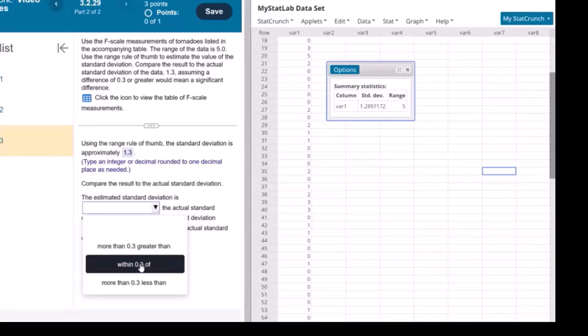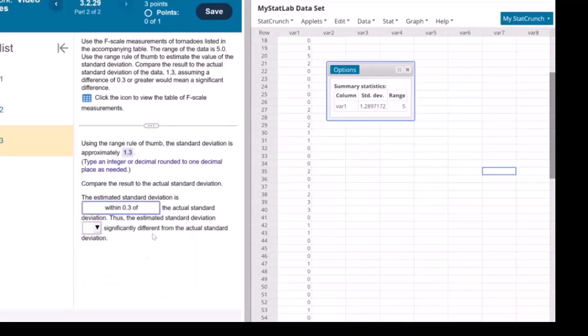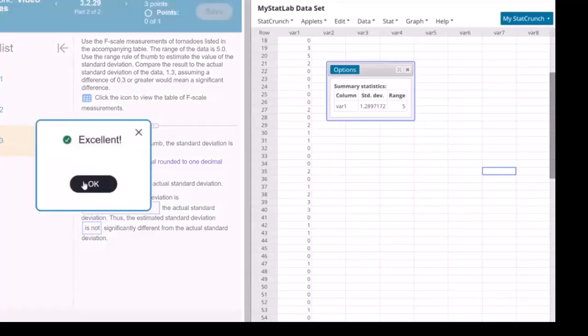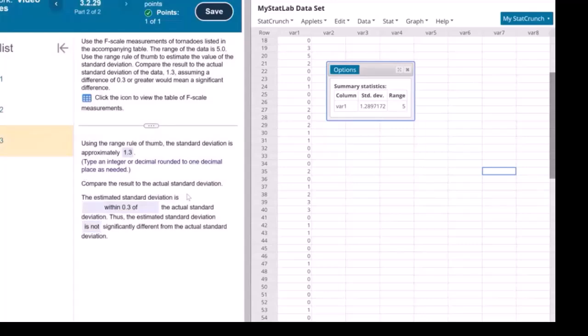So it is within 0.3 of the actual standard deviation. Thus, the estimated standard deviation is not significantly different than the actual standard deviation. And those are the 3 questions that I did pick out for us to do.